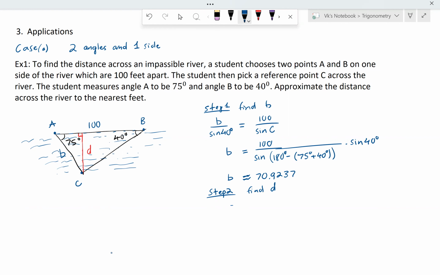That relation is sine of 75 degrees is D over B. From here we see D is B sine of 75 degrees, which is 70.9237 times sine of 75 degrees. And that gives us approximately 69.